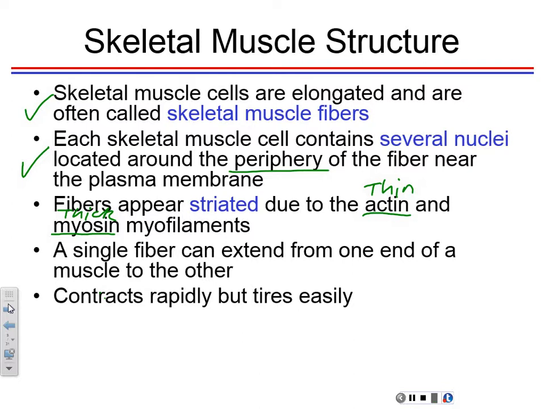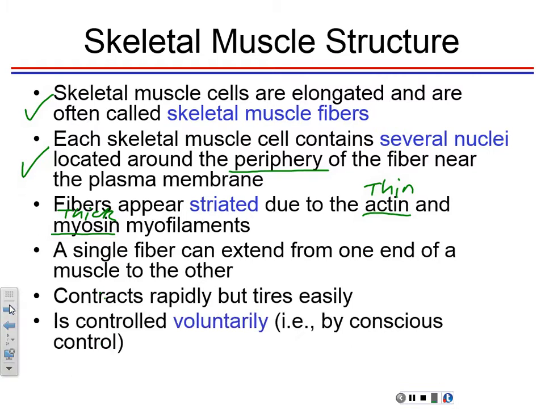You don't keep trying, otherwise, you know. So it contracts rapidly, tires easily, and is mostly voluntarily controlled. There are a few instances, like we talked about, such as reflexes, when it is controlled automatically, okay? But for the most part, it's voluntarily controlled.